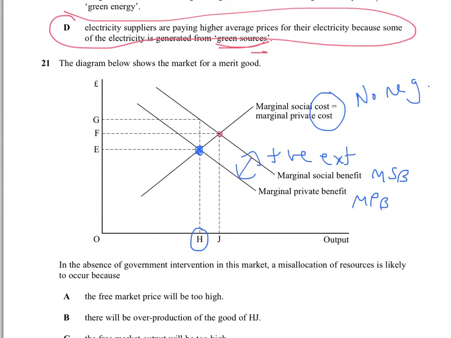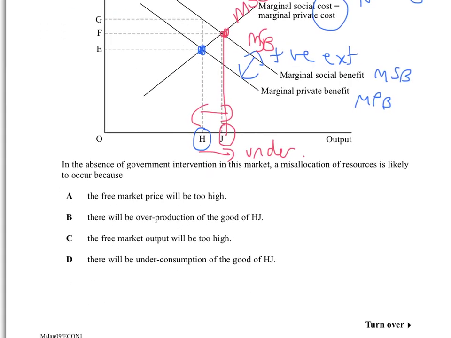We should be here, where the MSC and MSB meet. So we should be here, J. We're under. Not enough is being used. So there's a gap, HJ. So let's look for our correct answer. Our answer, having read through, must therefore be D. There's underconsumption, HJ.